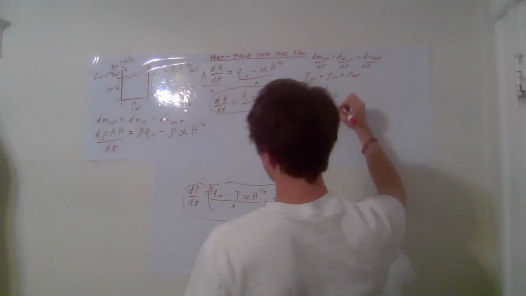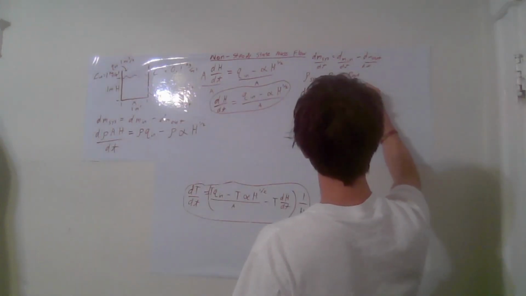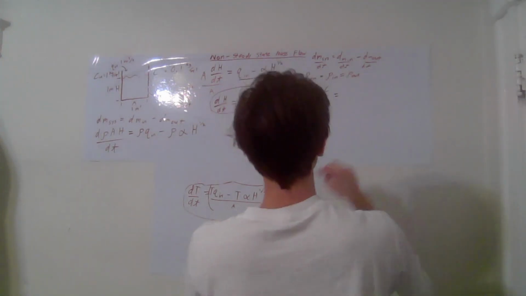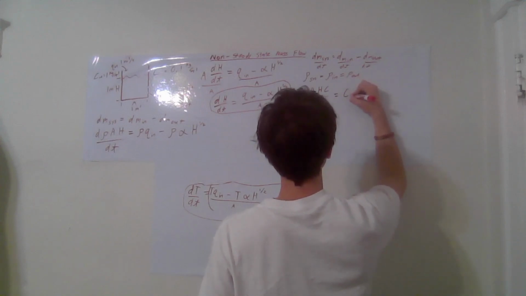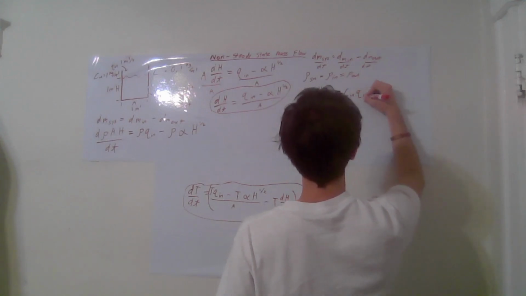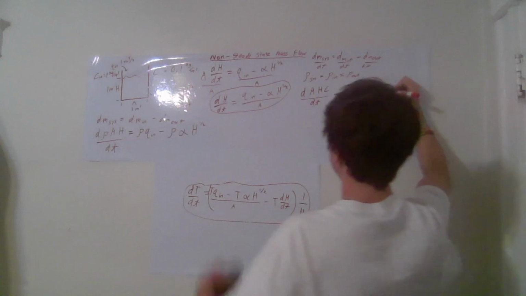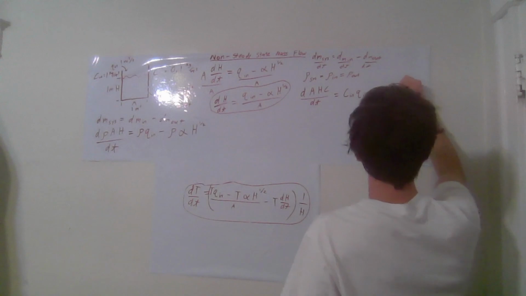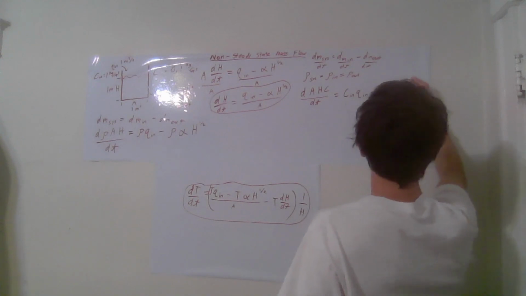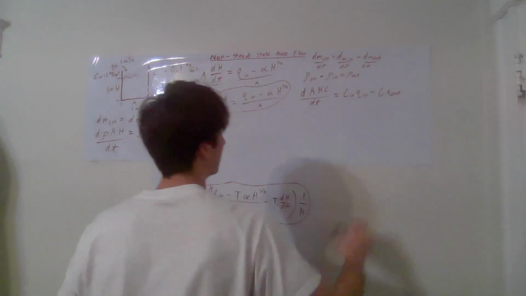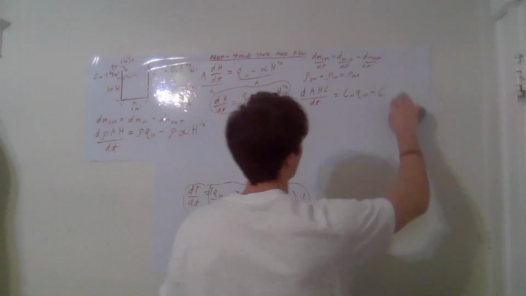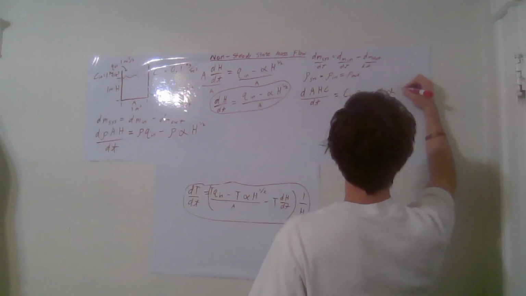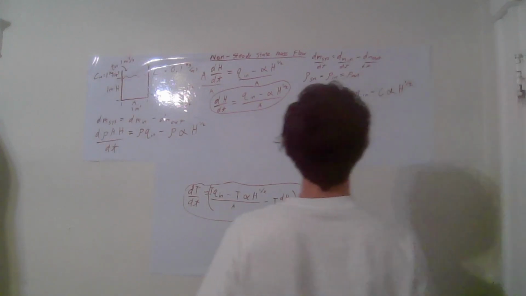And that's going to be equal to our concentration in times our flow rate in, minus this initial C, this 0.1, times our flow rate out. And as we know from last time we derived this, our flow rate out is just our alpha times height to the 1/2.